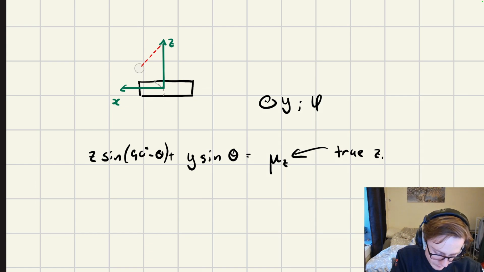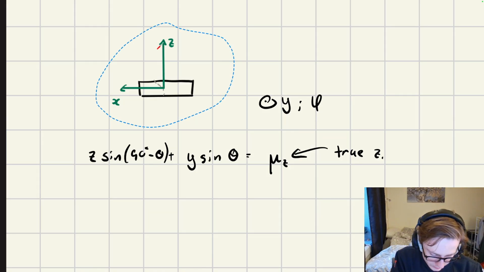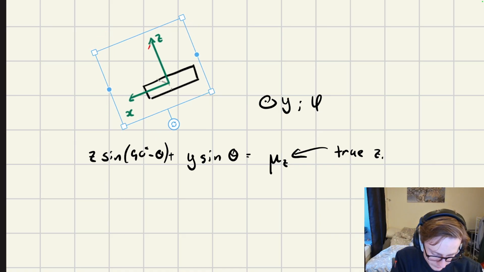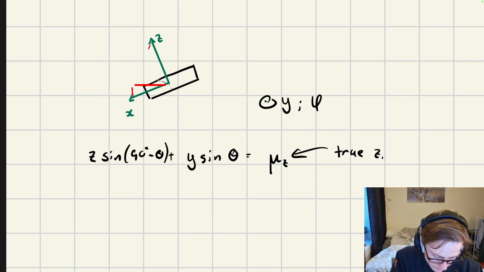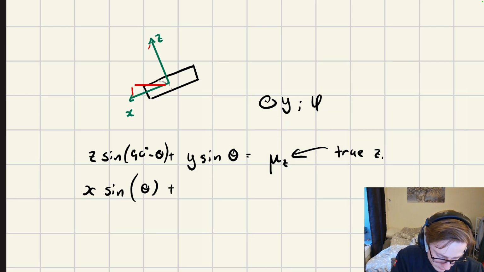So, rotating y positively, we get that our true value will be the same actually.